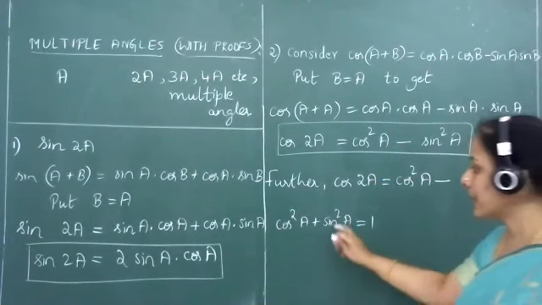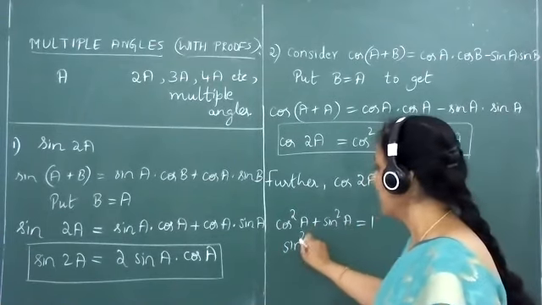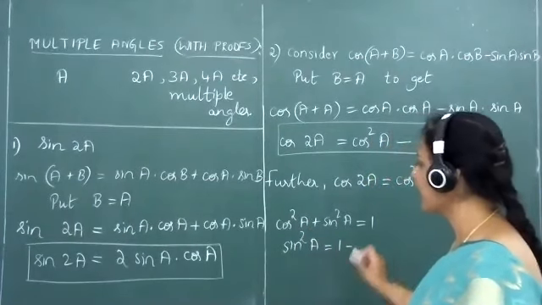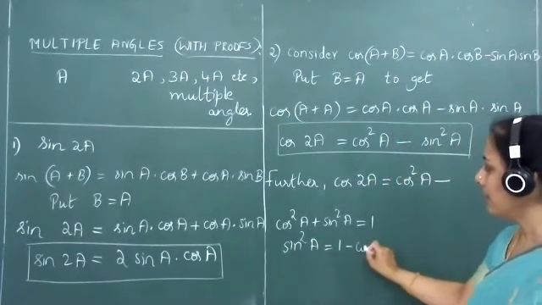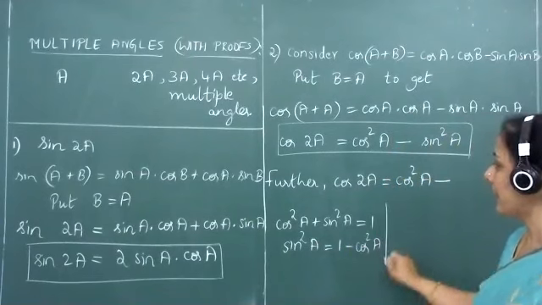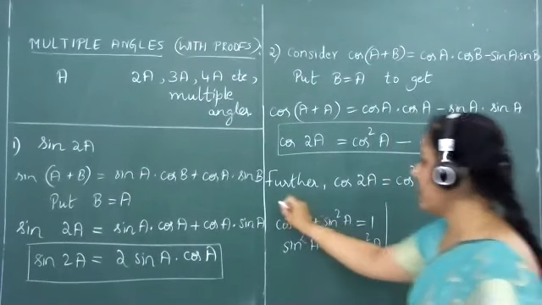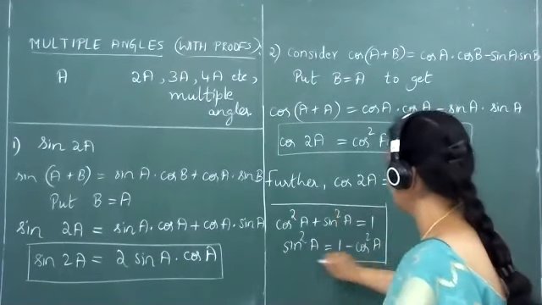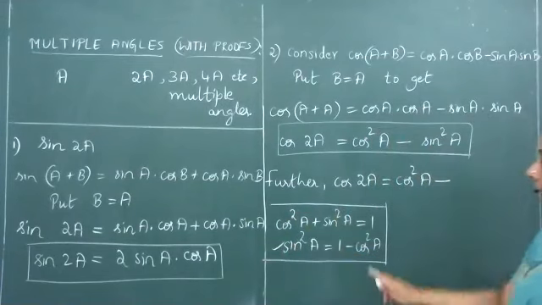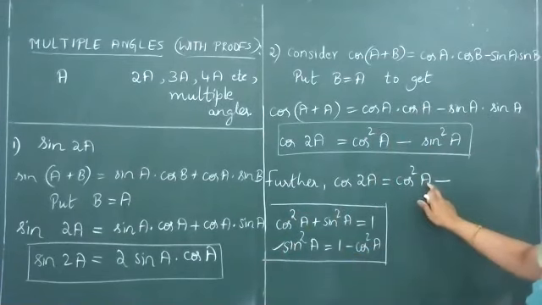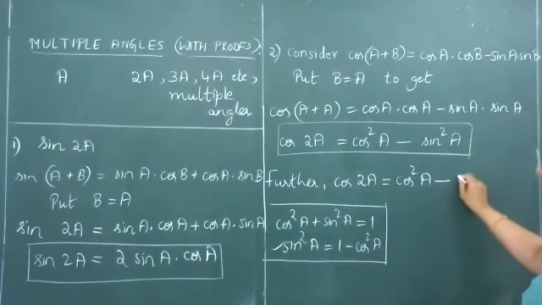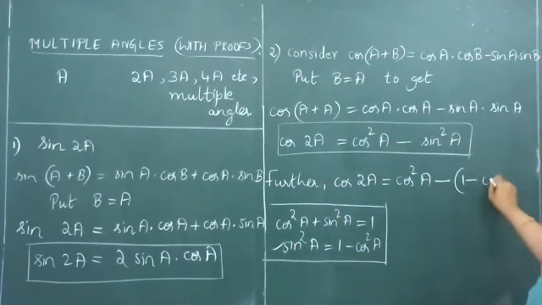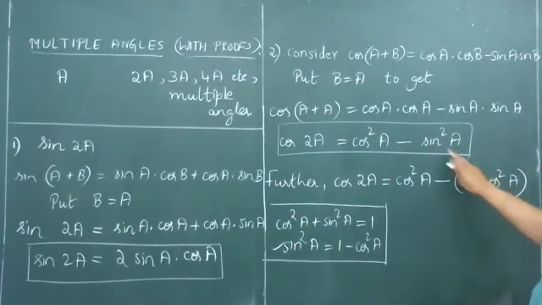Now from the same trigonometric identity, we could be writing sin squared A as equal to 1 minus cos squared A, isn't it? So now I will be using sin squared A as equal to 1 minus cos squared A in the above expression. So I have 1 minus cos squared A, which is replaced for sin squared A.